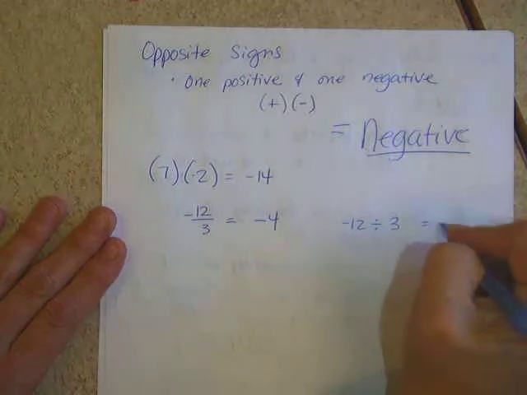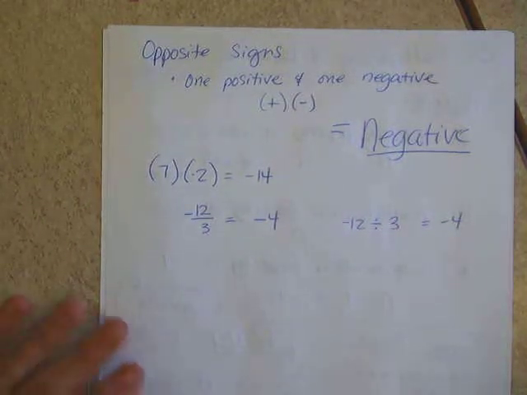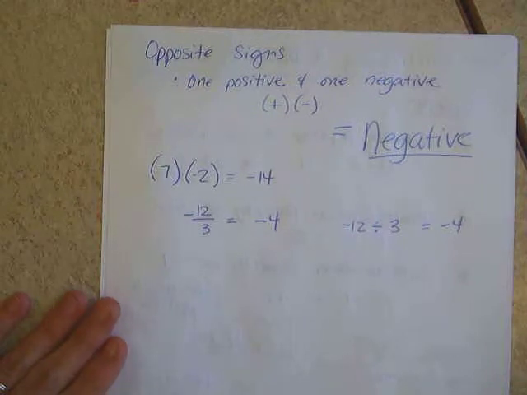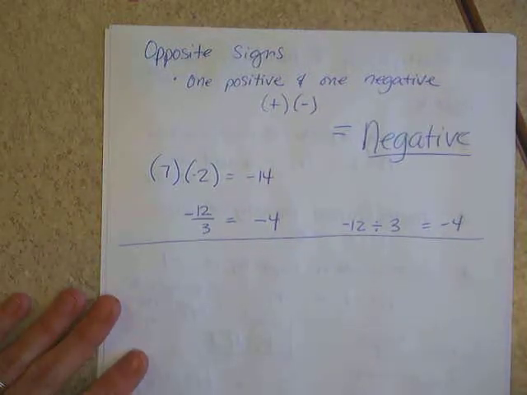And again, this could be written horizontally and it would mean the same thing. So if I did -12 divided by 3, that is the same as this. That's still going to give me a negative result. Okay.